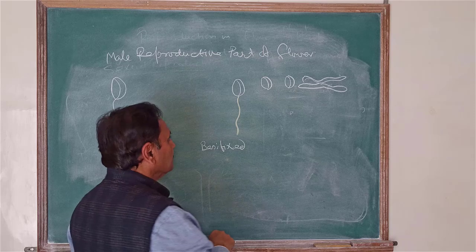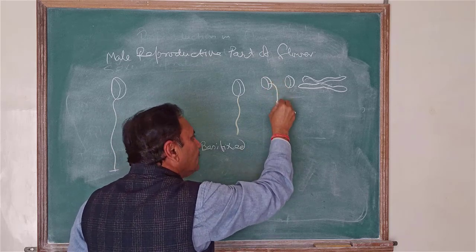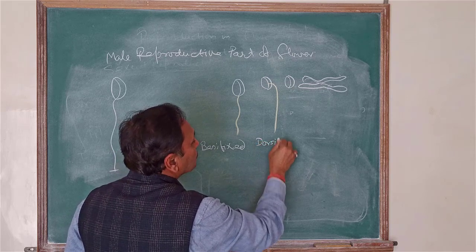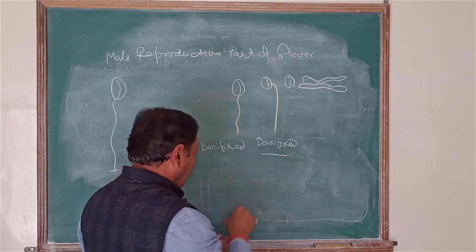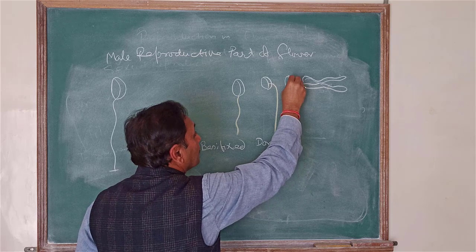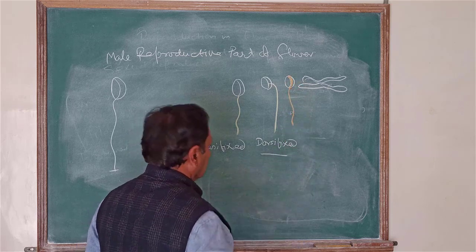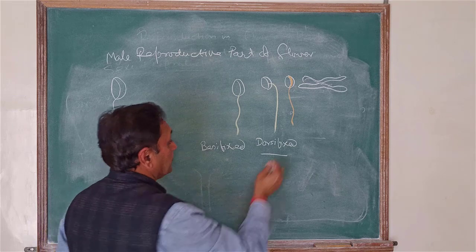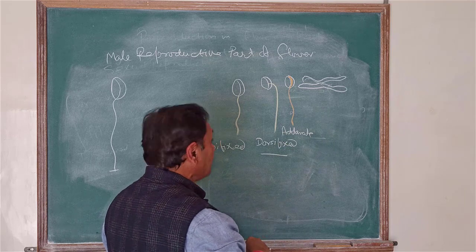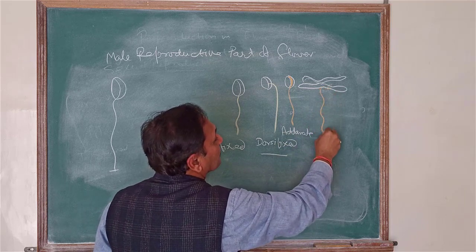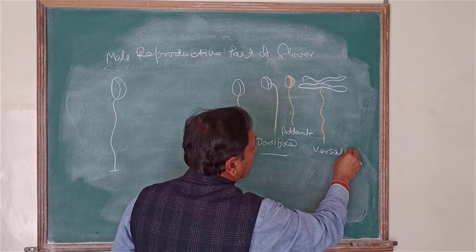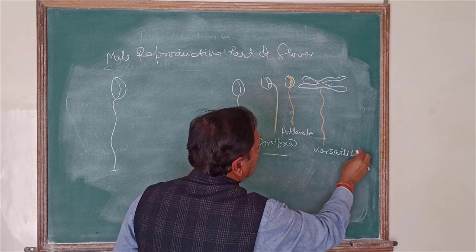If it is attached at this position, at the dorsal part, it is called dorsifixed. If it is attached along the whole of this particular part, it is called adnate. And a special type of anther is called versatile.